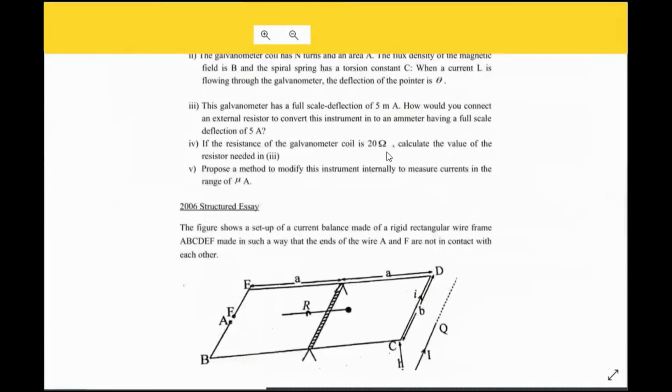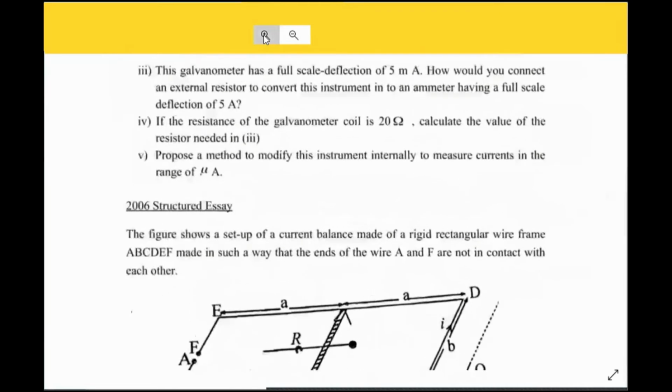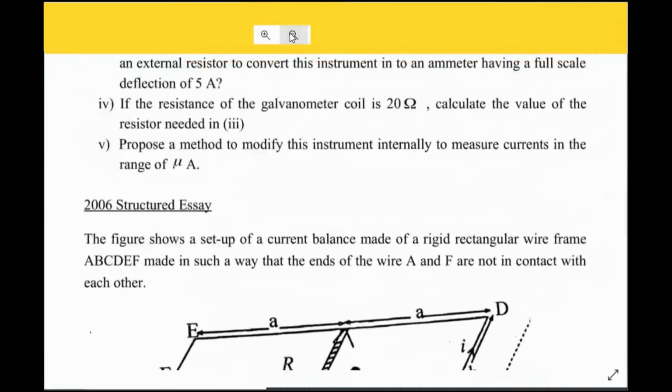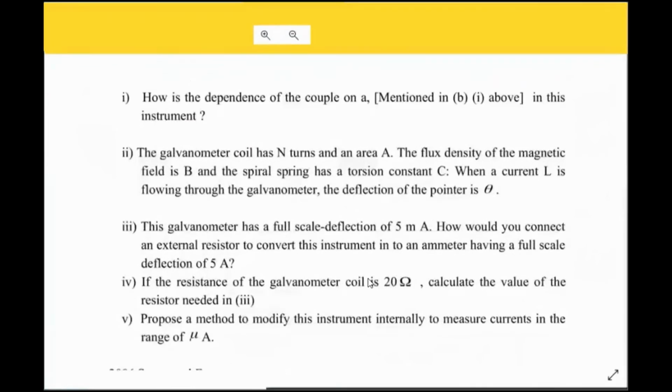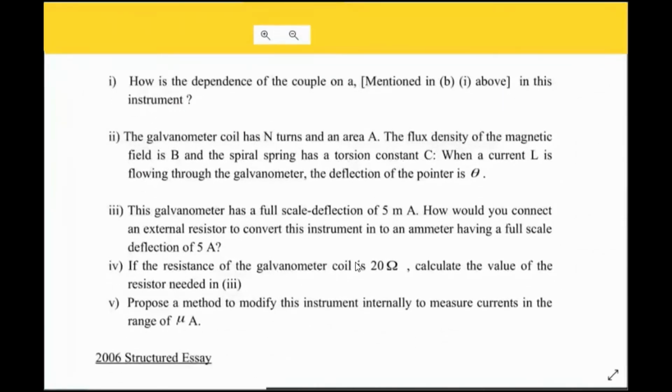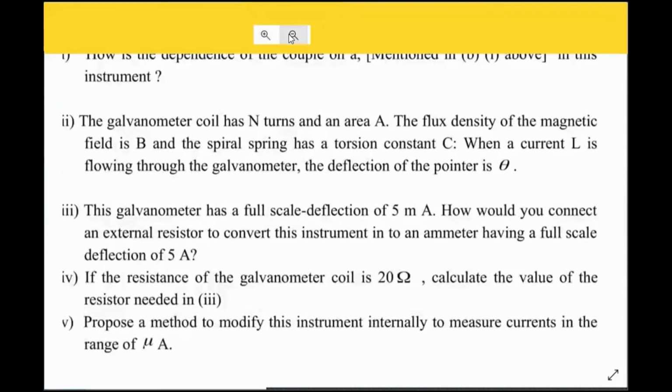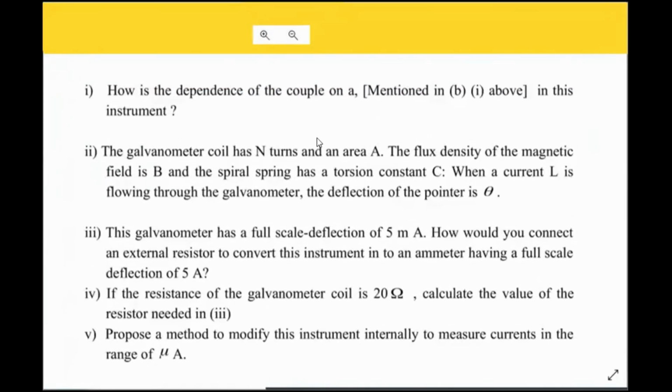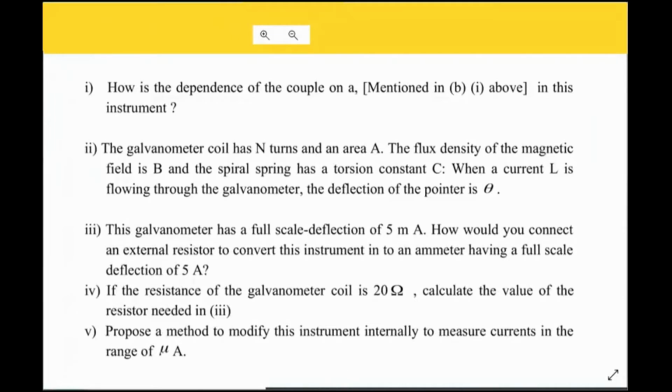They have not shown us the figure, but let's read it. Let's read the questions. After we read the question, I'll show you the diagram. First, let's read the questions.